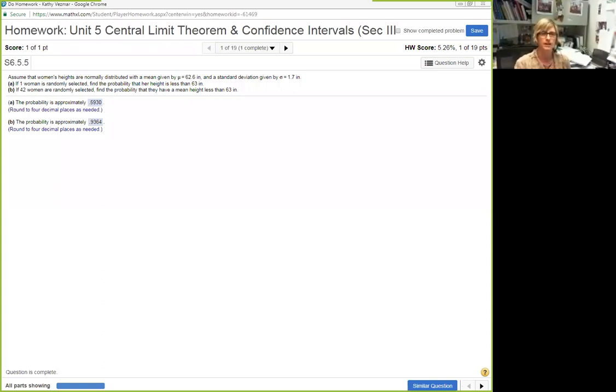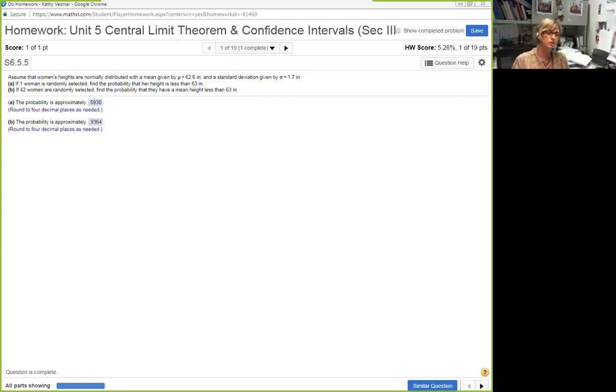So assume that women's heights are normally distributed, mean given by mu equals 62.6, standard deviation of 1.7. Part A is what we've always done. One woman is randomly selected. Find the probability that her height is less than 63. Then we change it.